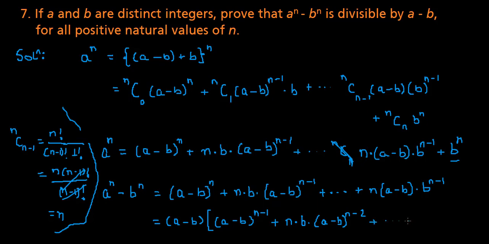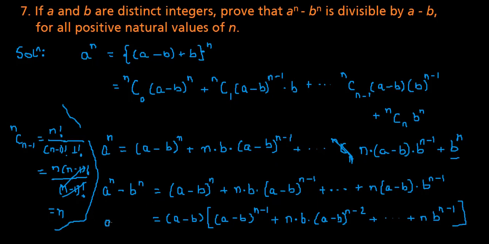The final one, we already have an a minus b, so that gets factored out, so we'll be left with n times b raised to the power of n minus 1. So this is the expression for a to the power of n minus b to the power of n.